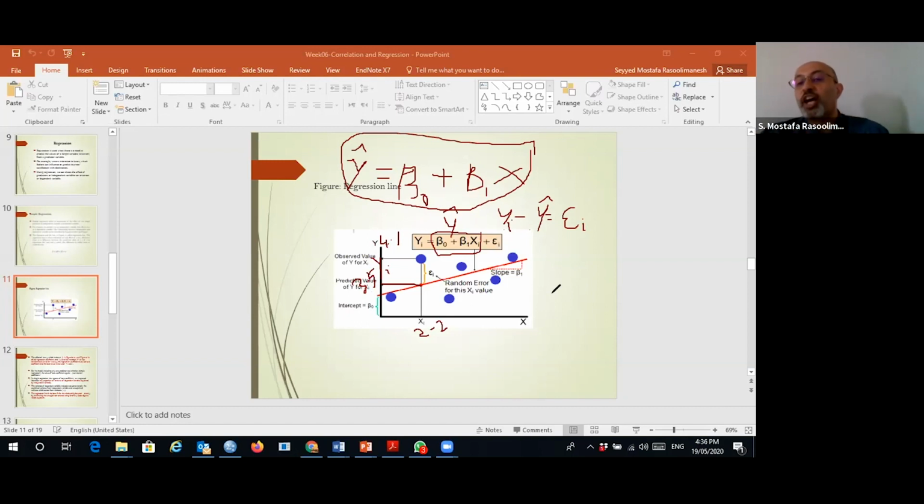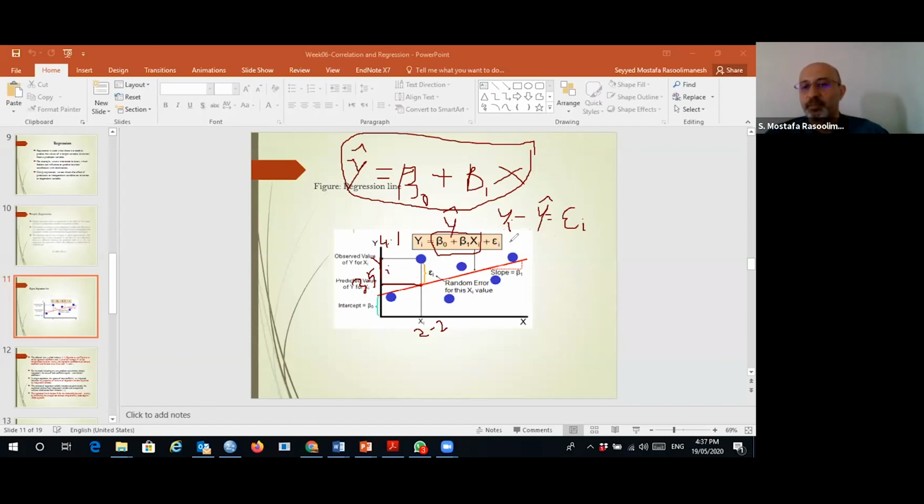So when we want to describe the relationship between some IVs and a DV, for example y, this is for simple regression, where we have one IV and one DV. If we have more than one IV, here it will be y equals beta 0 plus beta 1 x1 plus beta 2 x2 plus beta 3 x3 plus error. So we have an error term.